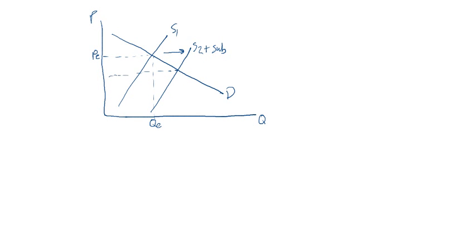It reduces the price to P1, or P with subsidy, and therefore increases the quantity demanded to Q1, or Q with subsidy, therefore giving consumers a lower price. Okay, let me just extend that up a little bit.